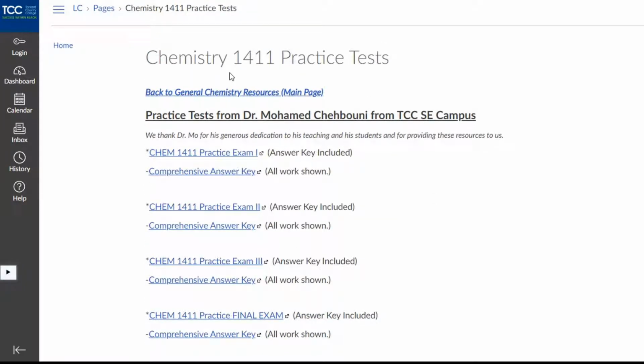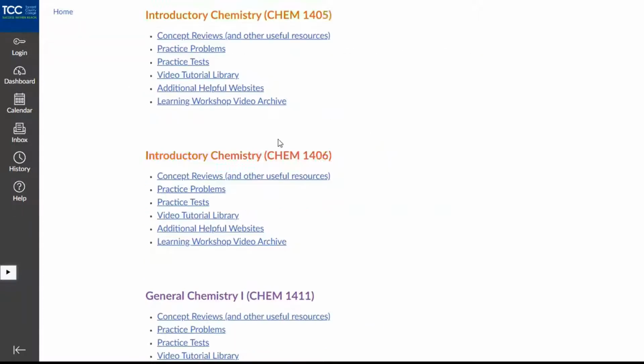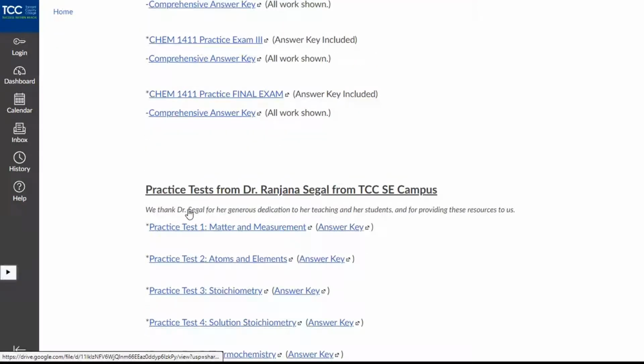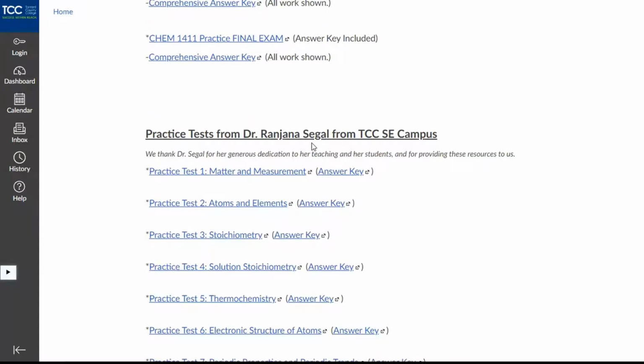Can y'all see where it says Chemistry 1411 practice tests? Yeah. Okay. Yeah, I know you guys can. But yeah, under the chemistry resources main page, if you go down to Chemistry 1411, in addition to all the other really cool resources, you can go to practice test, and there's a practice test from Dr. Chibuni, a practice test from Dr. Segal.